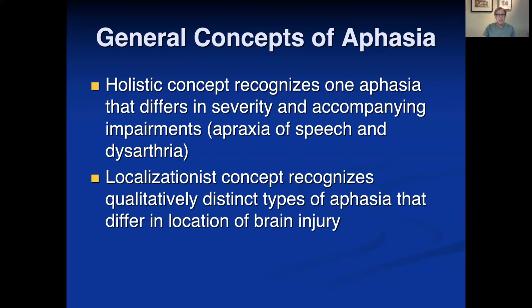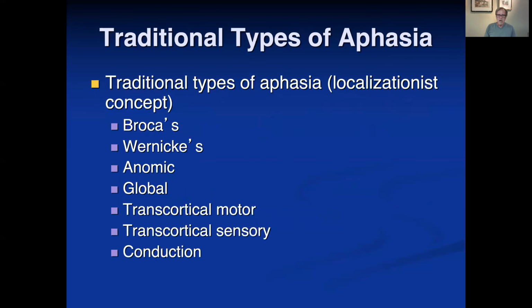And then once SLPs, who didn't exist 100 years ago, began to emerge as a profession in the 40s and 50s, many of them studied language a lot and felt that the holistic view better explained differences among individuals.